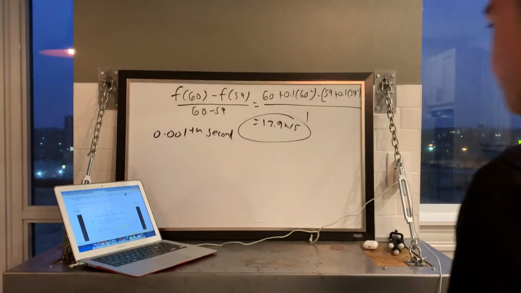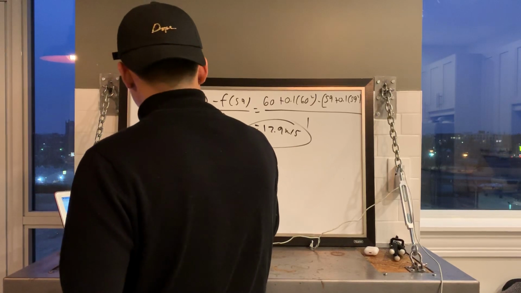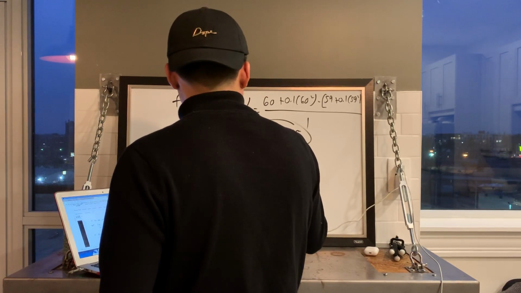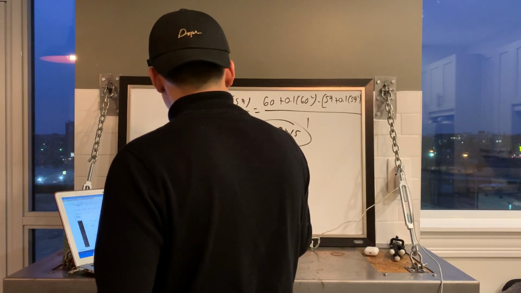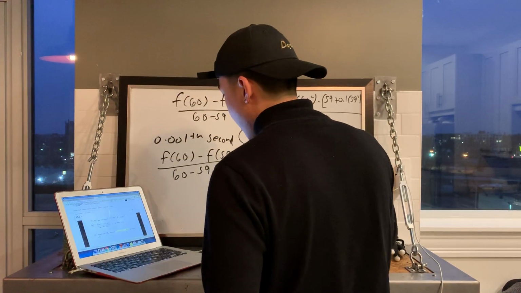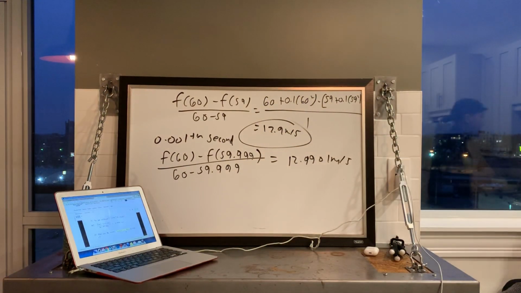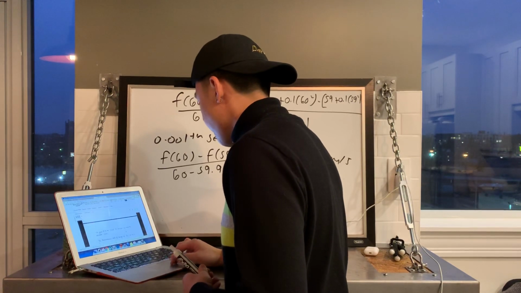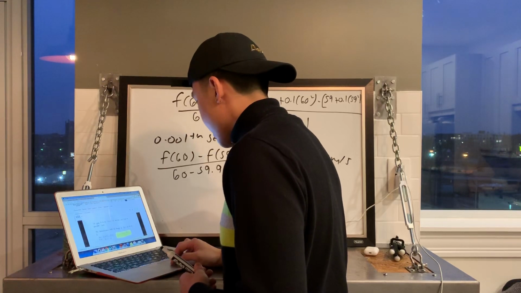What we're going to do is f of 60 minus f of 59.999 all over 60 minus 59.999, which equals about 12.99901 meters per second. That's all we're doing. We call this the instantaneous speed for the last second, essentially.